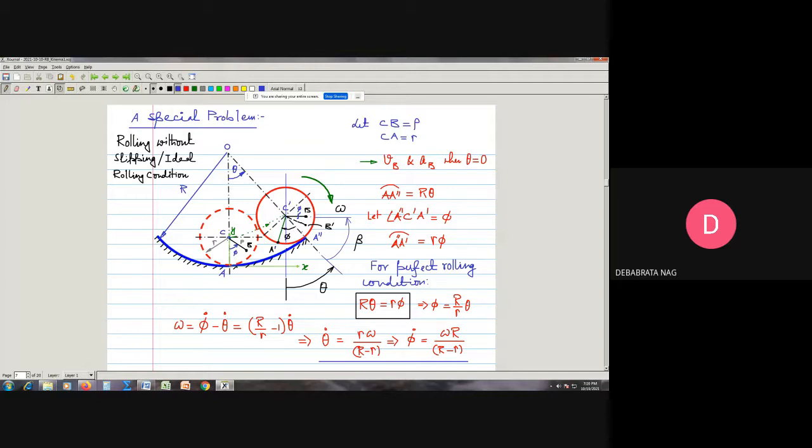Once we have this scenario, for absolute motion analysis, let us now locate the coordinates of the point B, where the point B goes. This was its initial position.